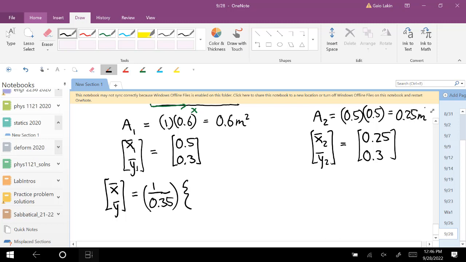And then multiply that by the area of the first thing times its centroid, minus the area of the square times its centroid.